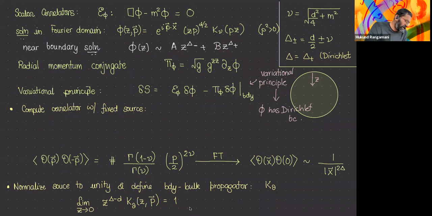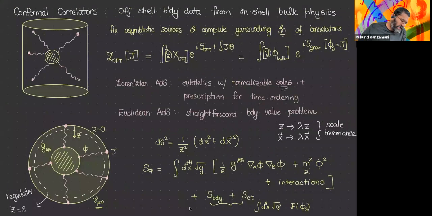The dimensions come from just thinking about how we're adding this term in the action, because this term is added with a d-dimensional integral. And if O has scaling dimension delta, then J has scaling dimension d minus delta.